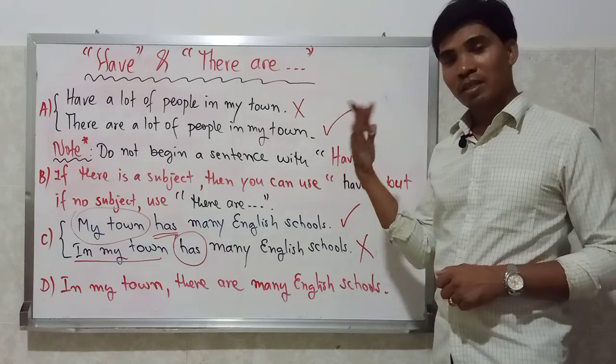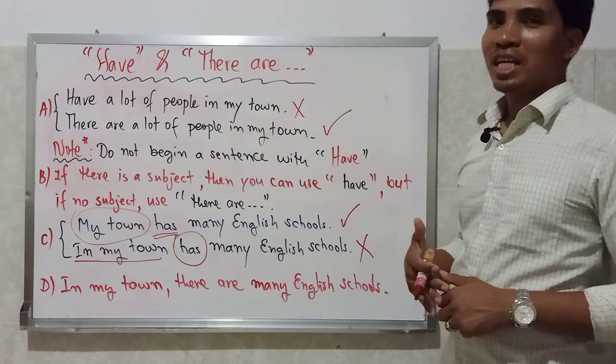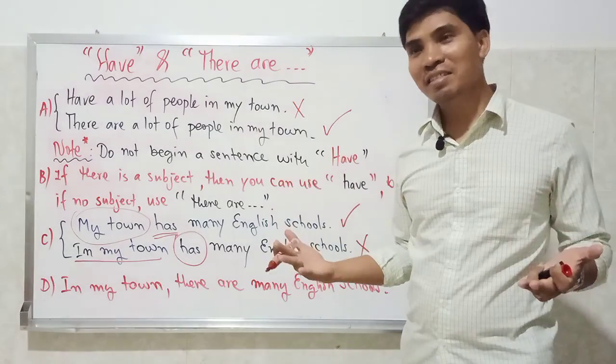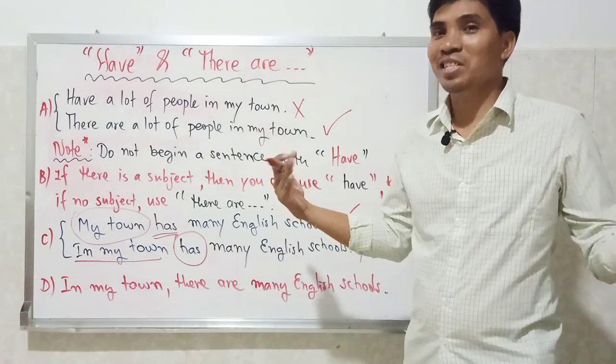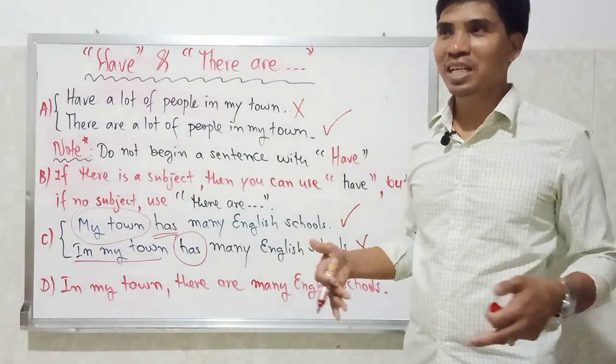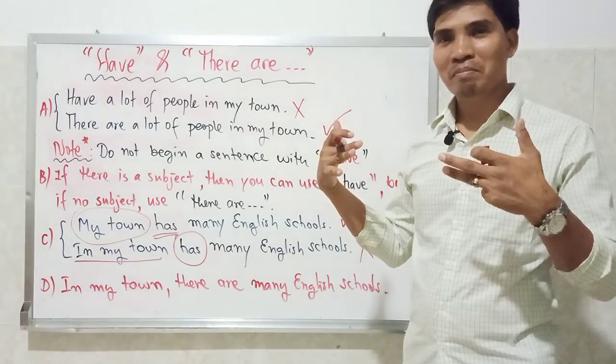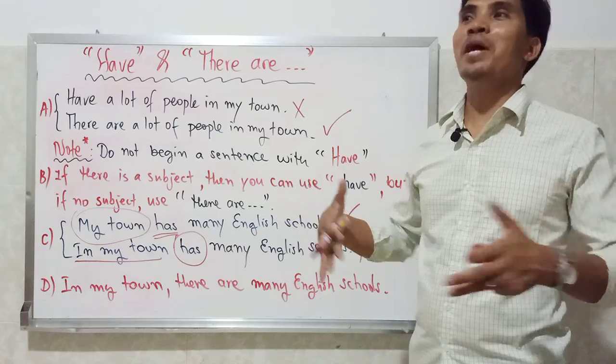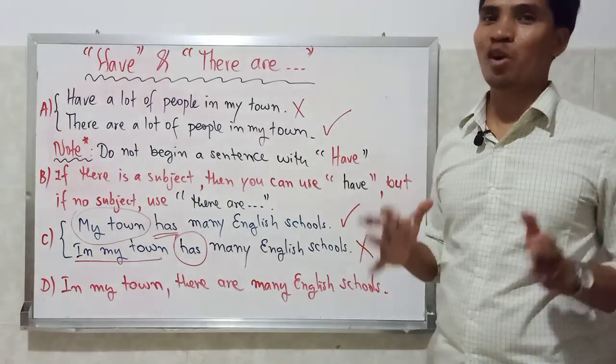So later on, students, never start a sentence like "In my class has 16 students" or "In Battambang has many people." That is wrong English.